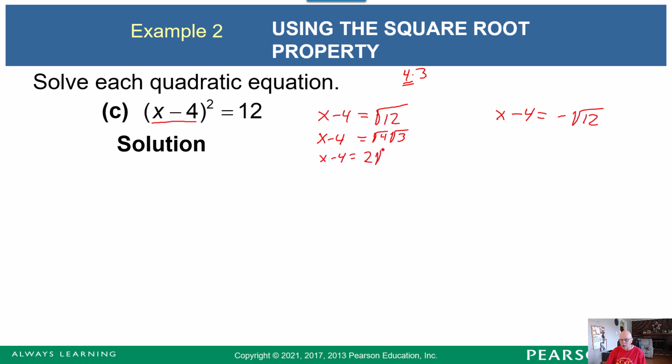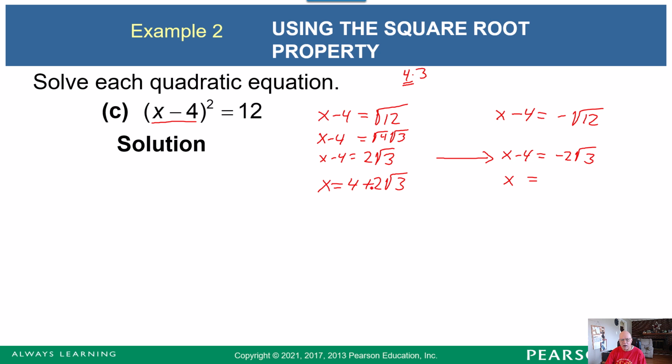What would be really interesting, and because you have calculators, you can do this really easily. If you take the 4 plus 2 square root of 3 and store it in x in your calculator, then type in (x minus 4) squared, and you should get a 12.